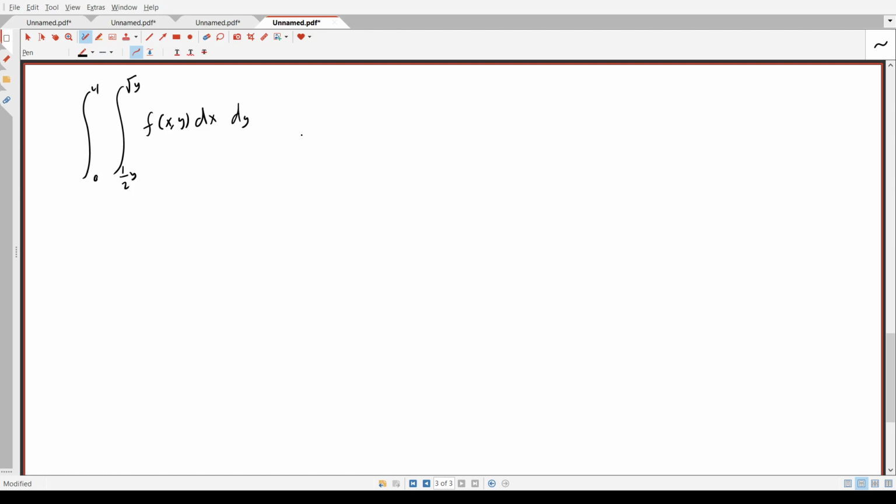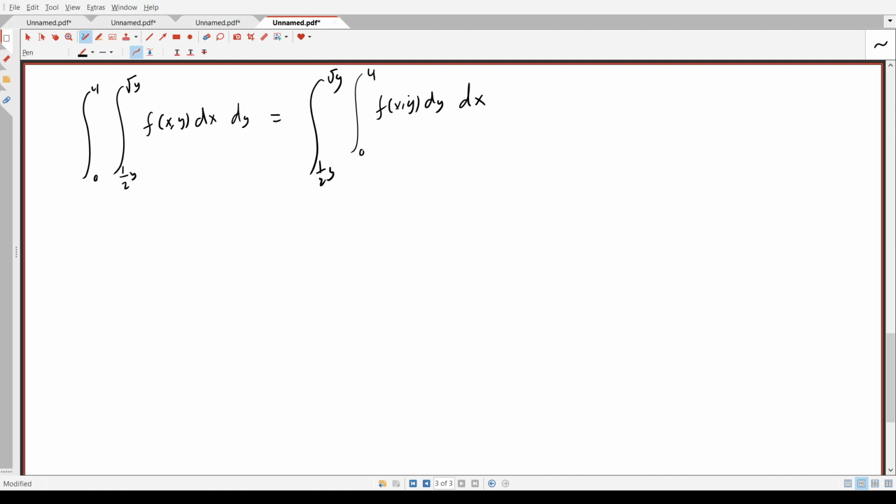Okay, so real quick, if I was to just completely switch these around and do this, this describes an entirely different region that doesn't look anything like the region described above.